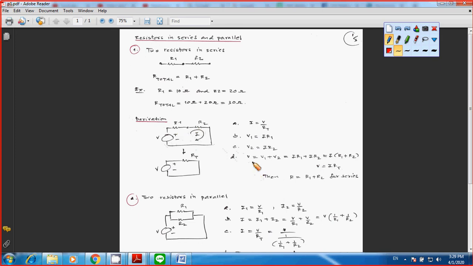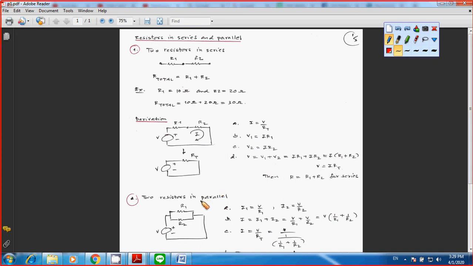Then you can write the equation down: V equal to V1 plus V2, where V1 equal to IR1 and V2 is equal to IR2. So you end up with V equal to I times RT, or total resistance. And that means your RT is going to be equal to R1 plus R2 for series arrangement.